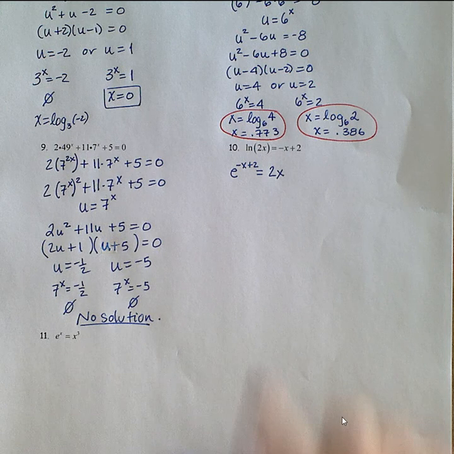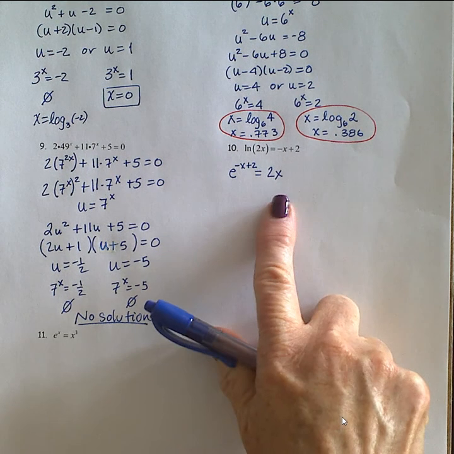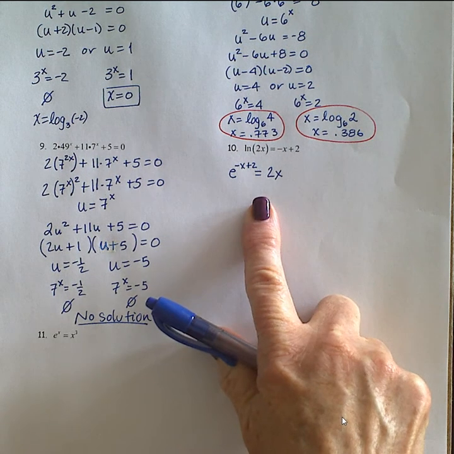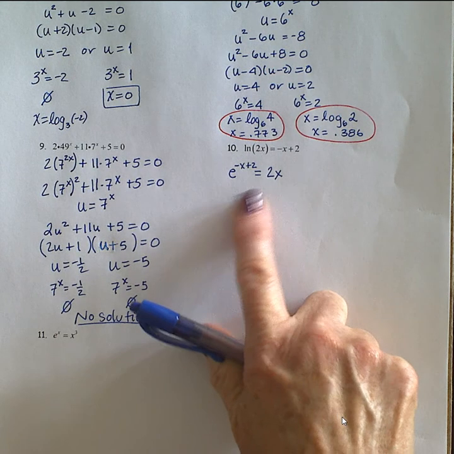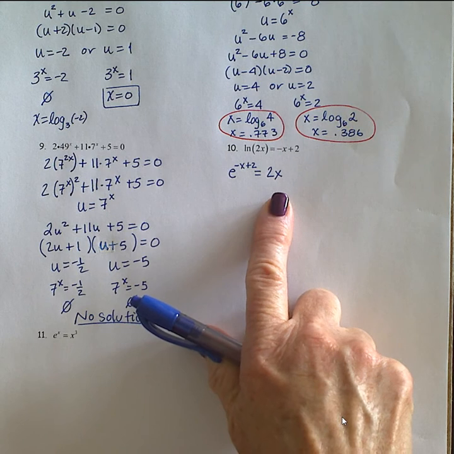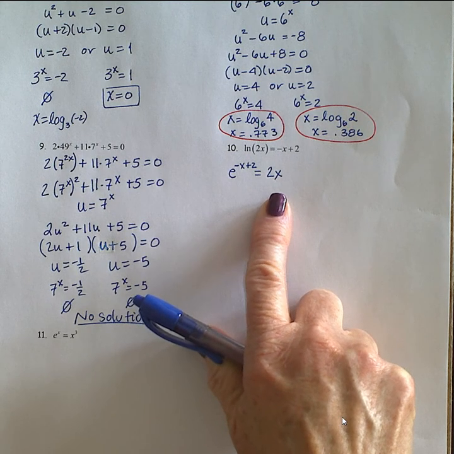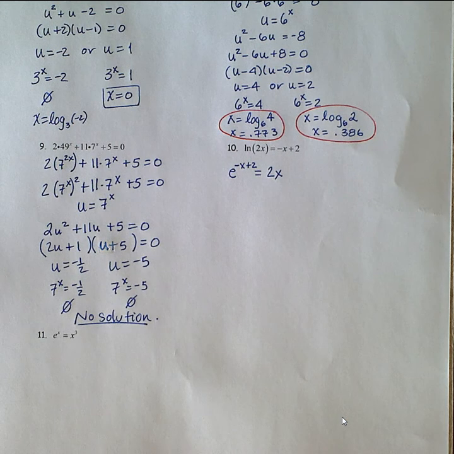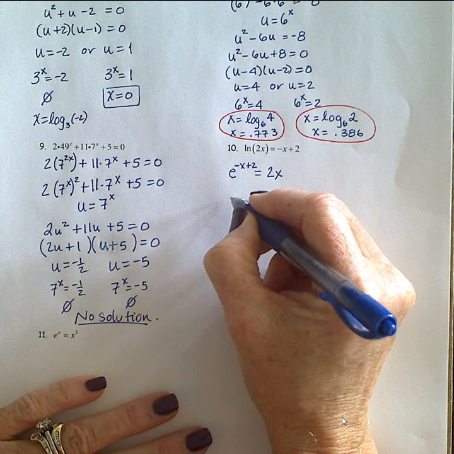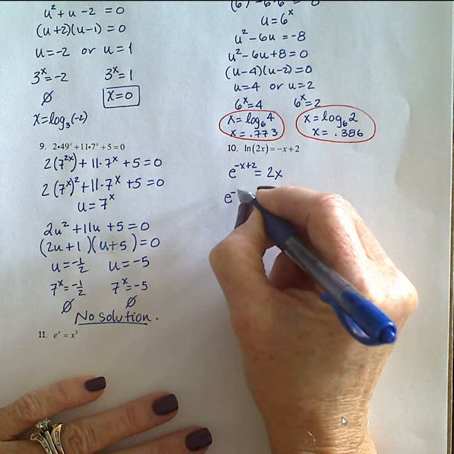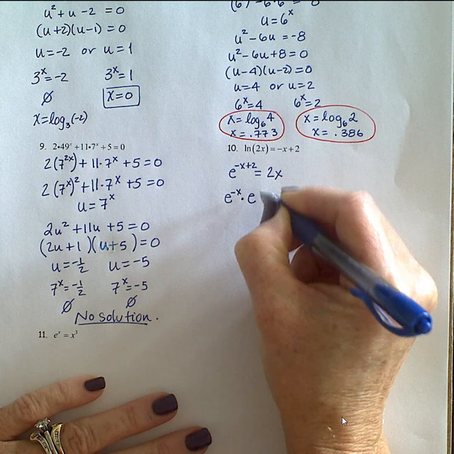Can we do anything here? Solve for x? Are you going to be able to get the x all by itself on one side? Wait, what, Gianna? Okay. Times e to the negative 2.